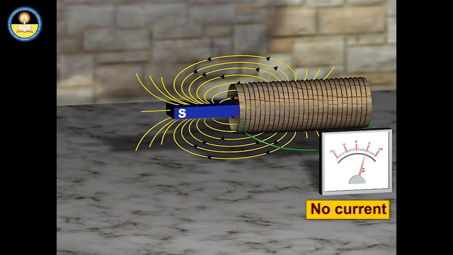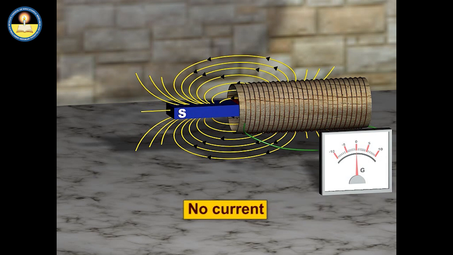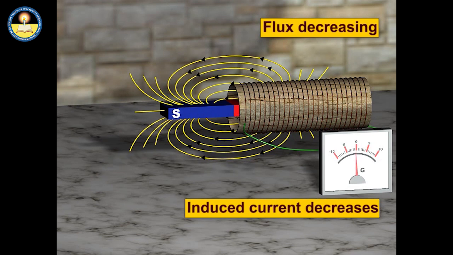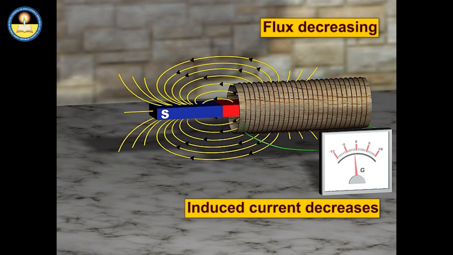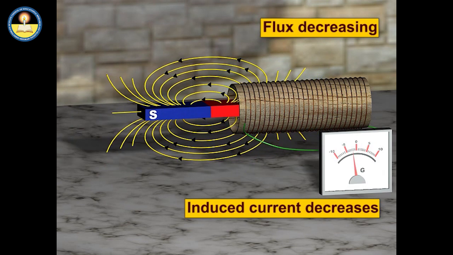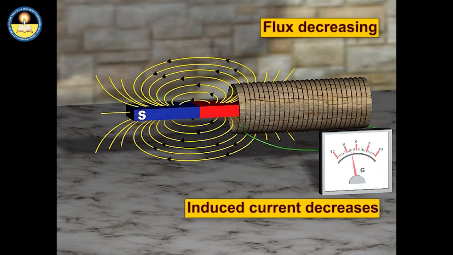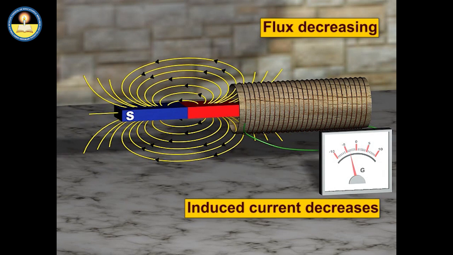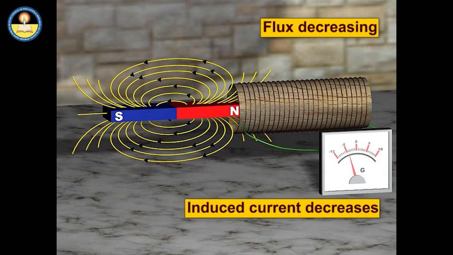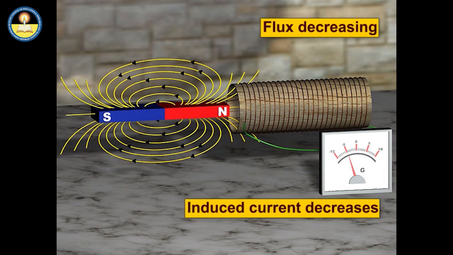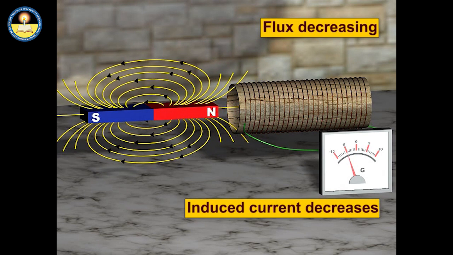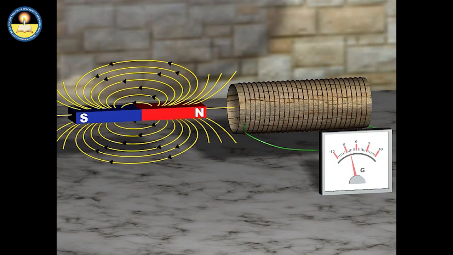When both the coil and the magnet are stationary, there is no change in the magnetic flux and thereby no deflection in the galvanometer. On the other hand, when the magnet is moving away from the coil, the galvanometer shows a deflection in the opposite direction because in this situation, current is induced in the coil by virtue of the decrease in the magnetic flux.